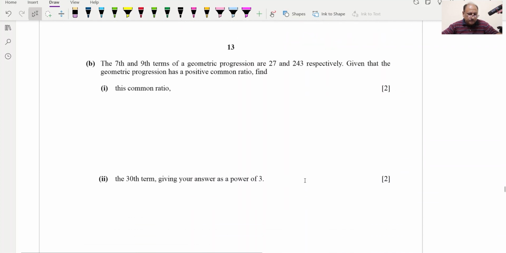Hopefully you got this. Now b part is saying the 7th and 9th terms of the geometric progression are 27 and 243 respectively. Given that the geometric progression has a positive common ratio, find this common ratio.